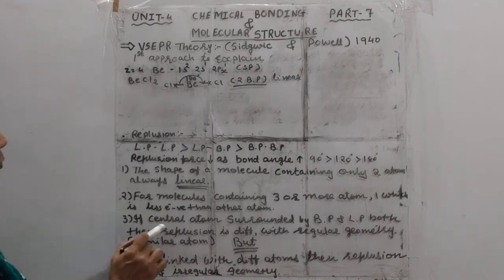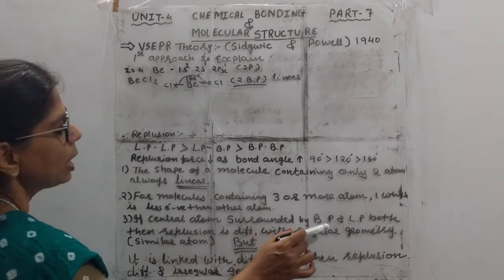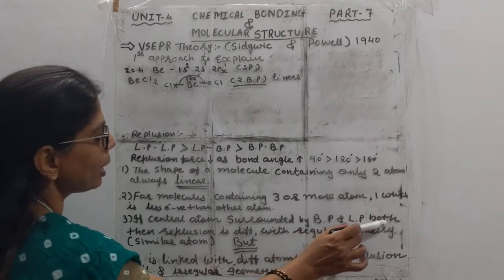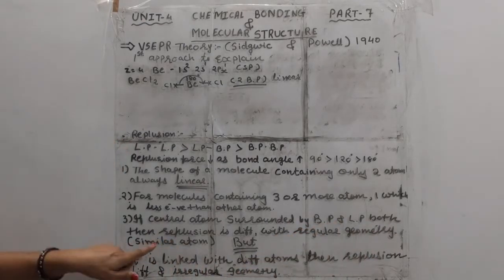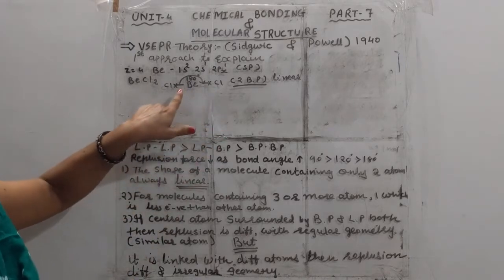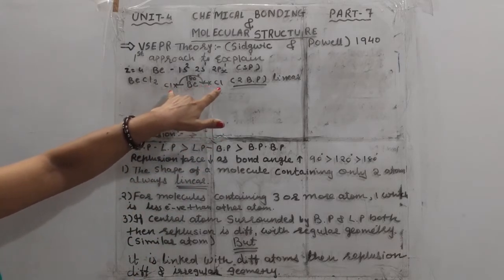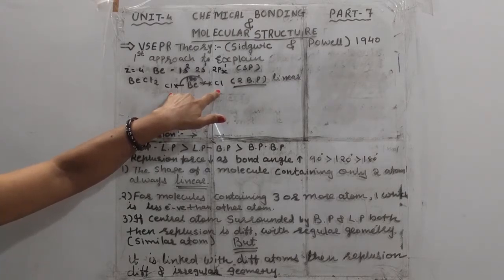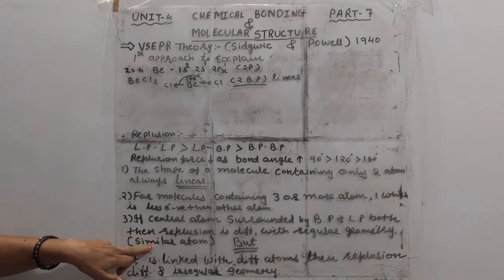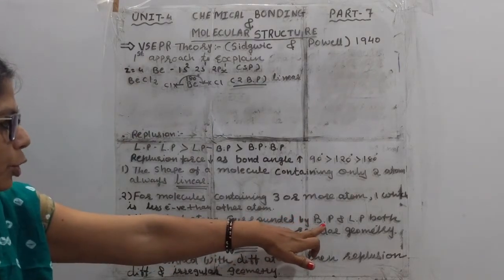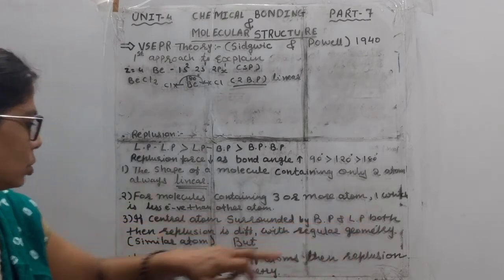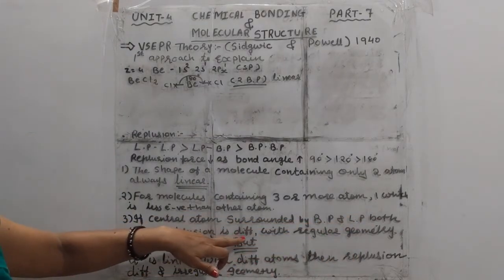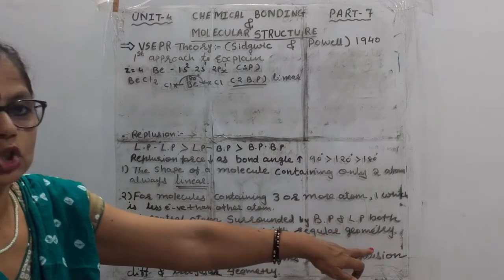Then third point is, if the central atom is surrounded by bonding pair and lone pair both with the similar atom, like in H2O, the oxygen is surrounded by hydrogen. So both the hydrogens are similar atoms, and it is having the bond pair and lone pair also. Then the repulsion is different and the geometry is regular.